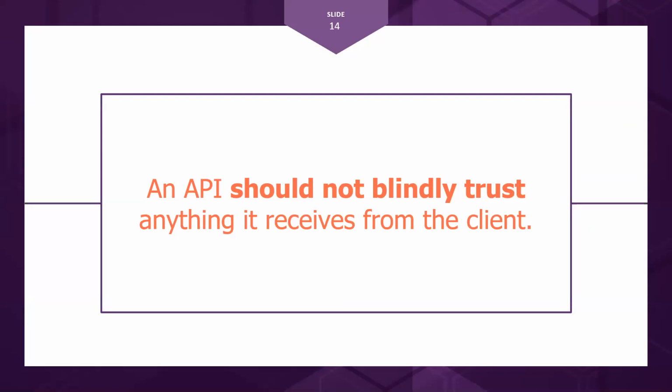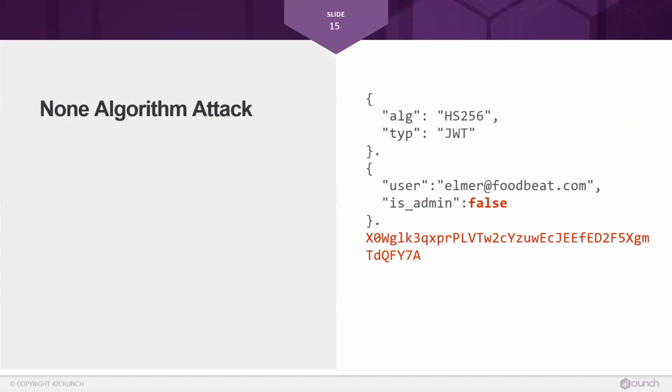And what should you look after, excuse me, in terms of attacking the JWT token? There are a bunch of attacks that are described over the internet. So the first attack is the none algorithm attack.